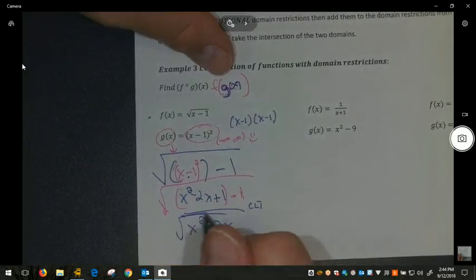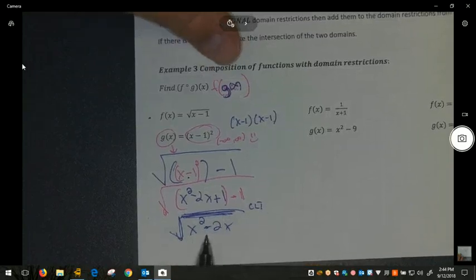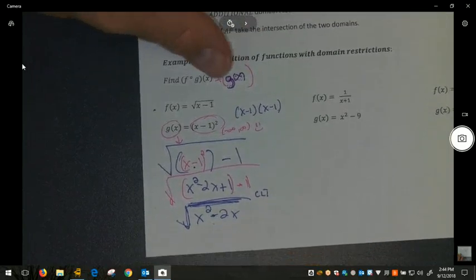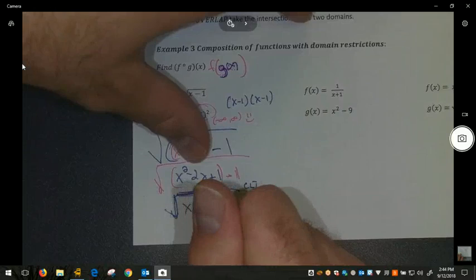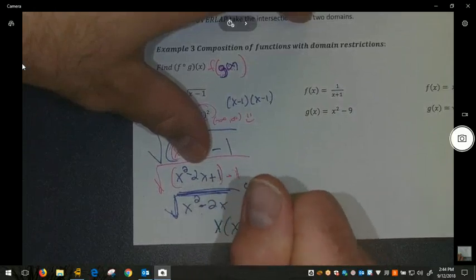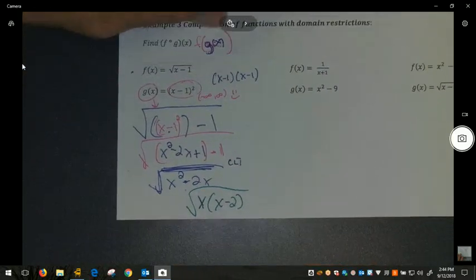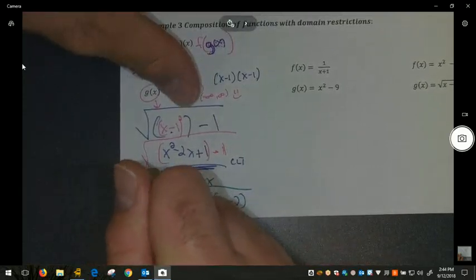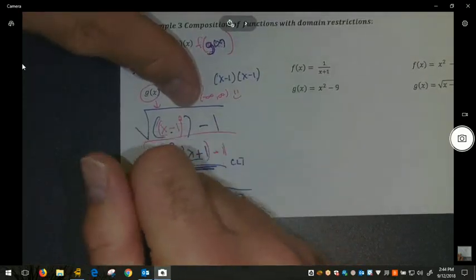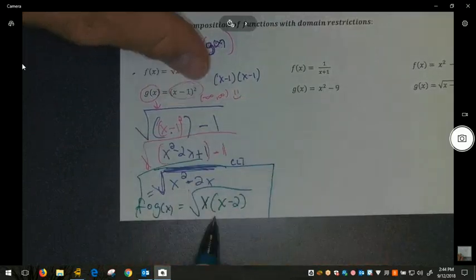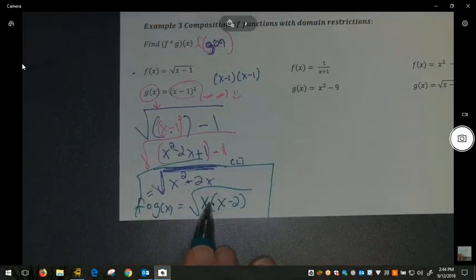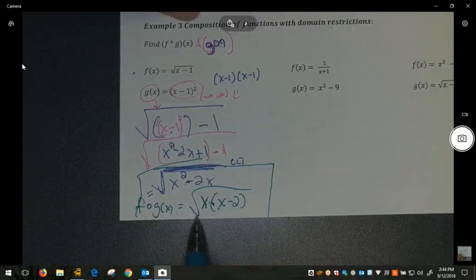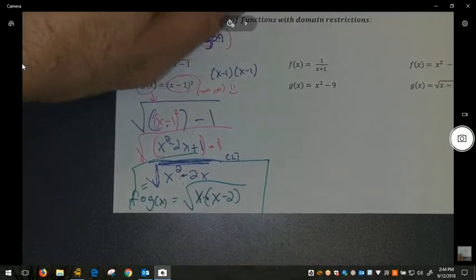I cannot break this down because these are two terms. The most I could do would be to factor it as x times x minus 2, but I can't do anything more than that in terms of finding f of g of x. Either one of these two answers is acceptable for finding the composite function, because this is not a perfect square that I can factor out.